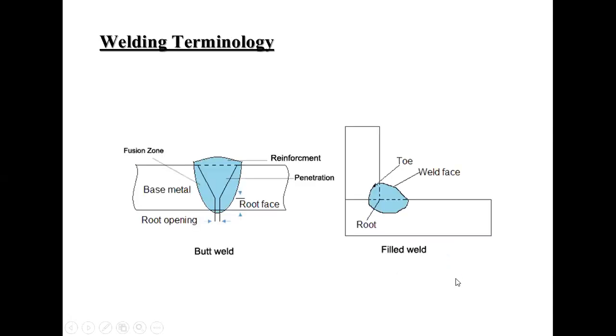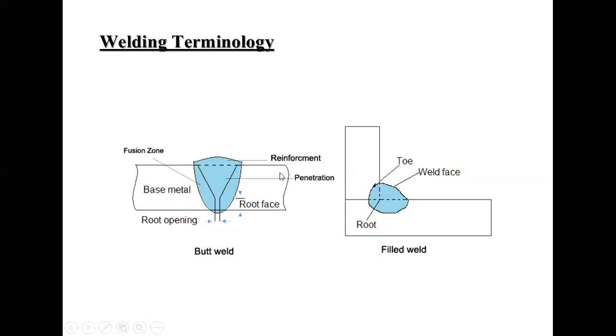Next, that is the welding terminology. So I'm going to discuss the basic terms that we use during welding. On the left hand side, we can see a welding that is called butt welding or butt joint, and there are other points like the base metal.